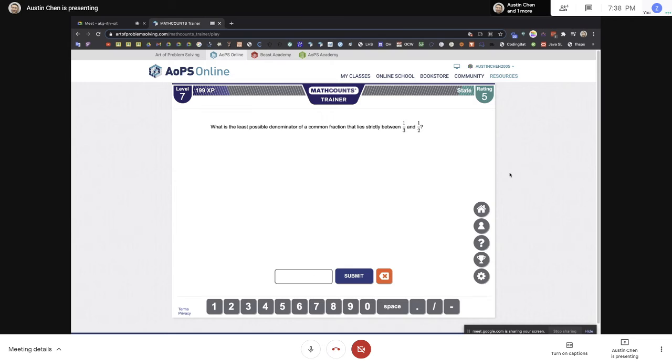So it has to be 5, 2/5. Does 2/5 work? I'm pretty sure 2/5 works. It's obviously lower than 1/2, and 2/5 is higher than 1/3. So for this one, I would say you just check each one, going down.